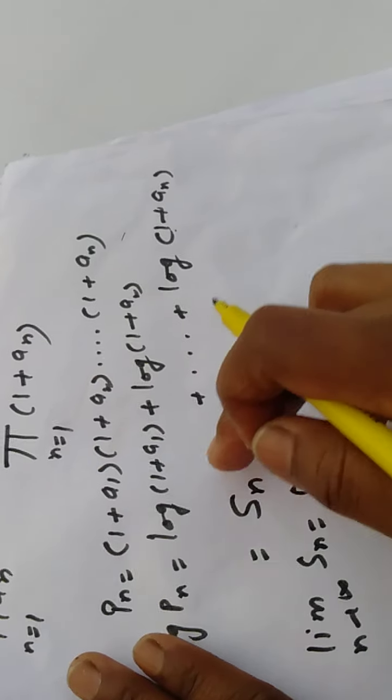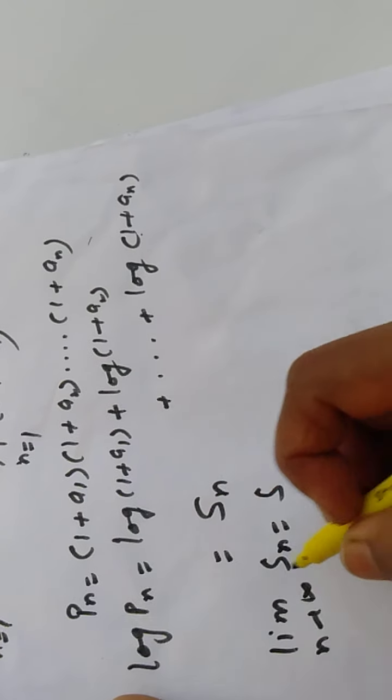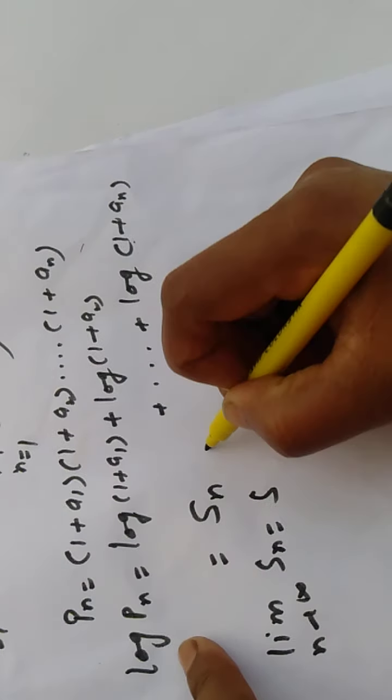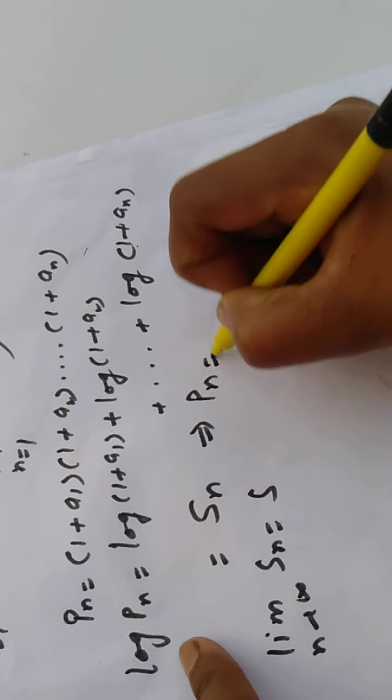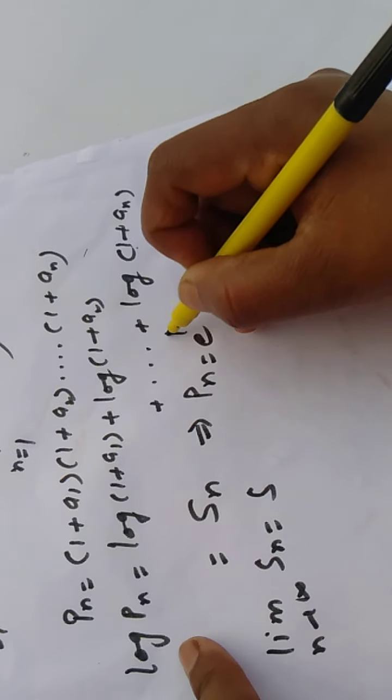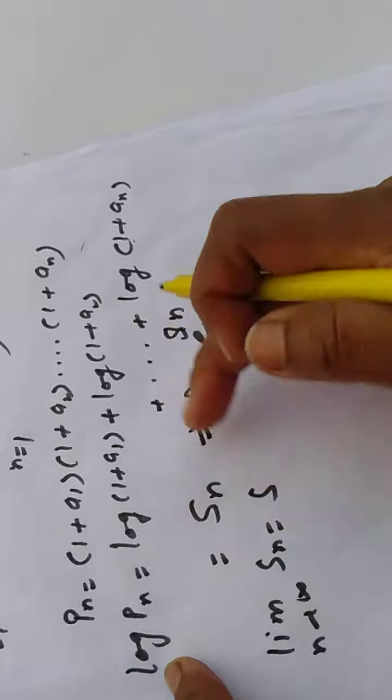If this is convergent, suppose this is S, then Pn will be exponential of Sn, as log of Pn is Sn.